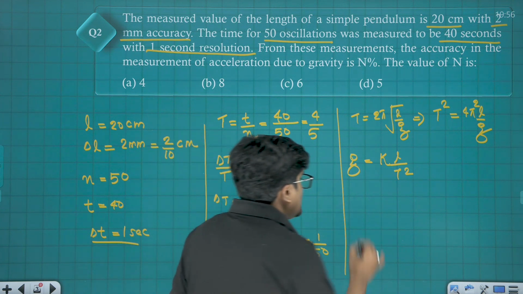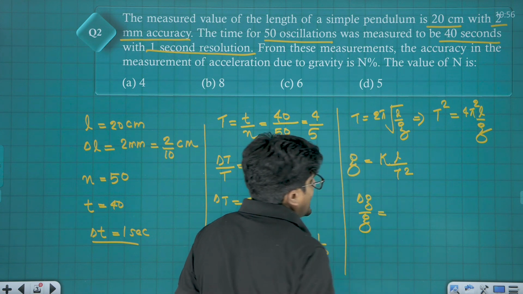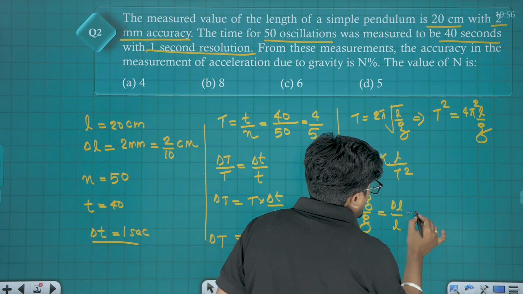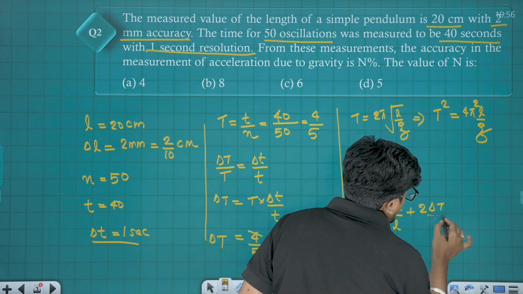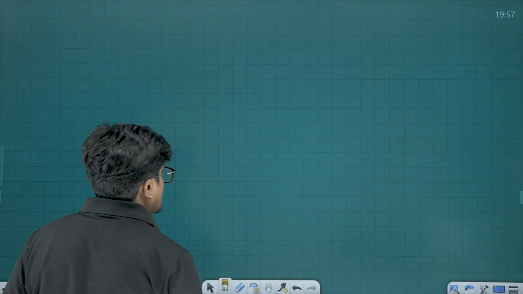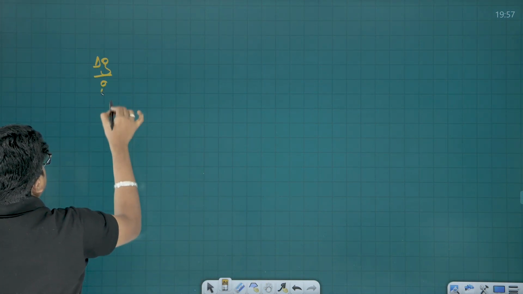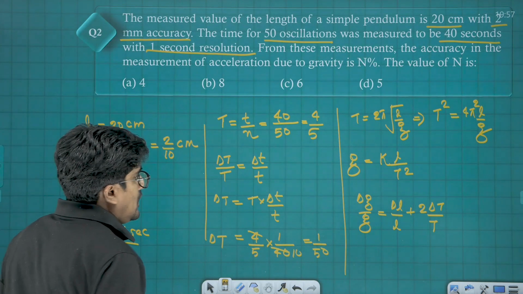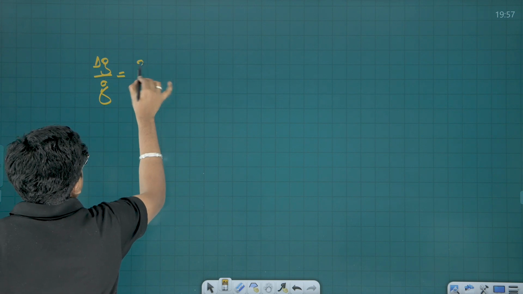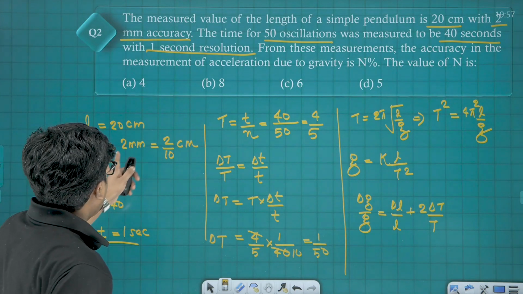Now if I consider the error, delta g upon g is going to be delta L upon L plus 2 times delta T upon T. Now in this case, delta g upon g is equal to, what is delta L here? Delta L is 2 by 10. So here this is 2 by 10 into, what was L? L was 20.